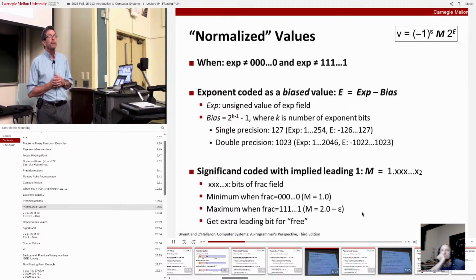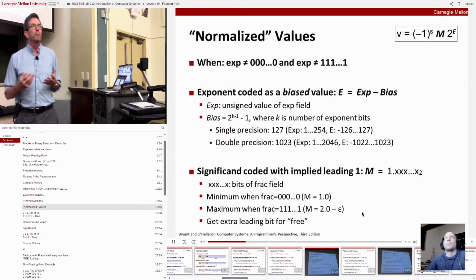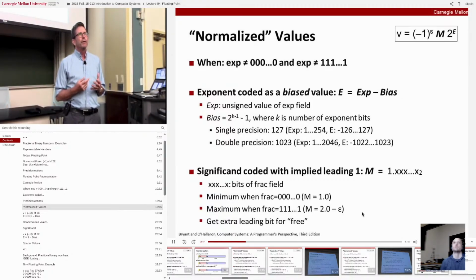So it turns out that the reason they do this is, and we'll come back to it, if we encode the exponent e using this bias representation, the smallest negative exponent is represented by all zeros. Okay, and the largest exponent is represented by 0, 1, 1, 1, 1.